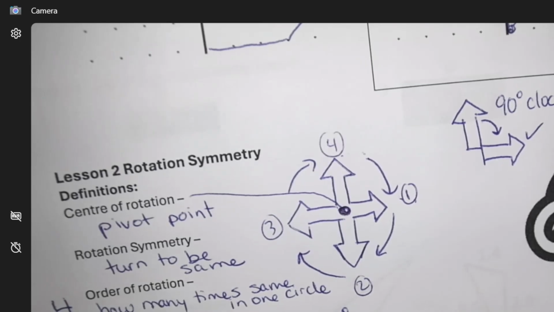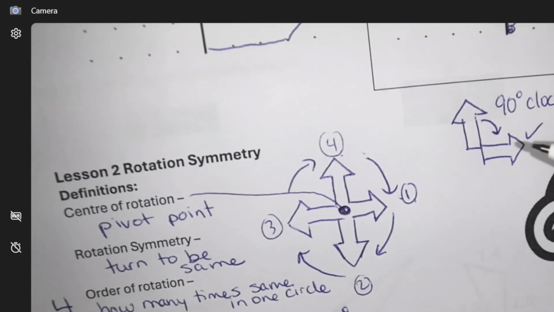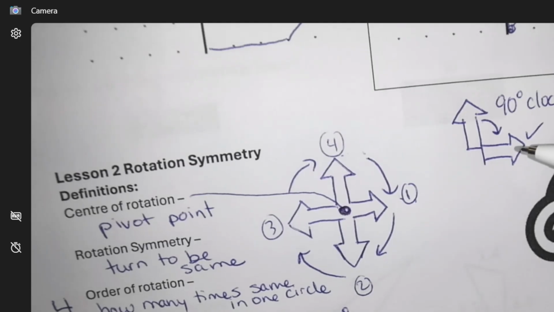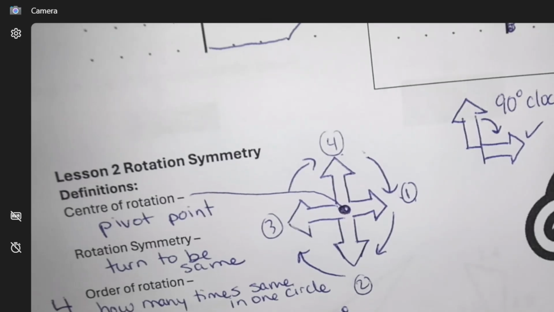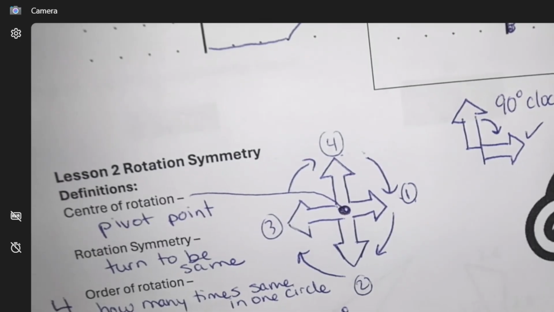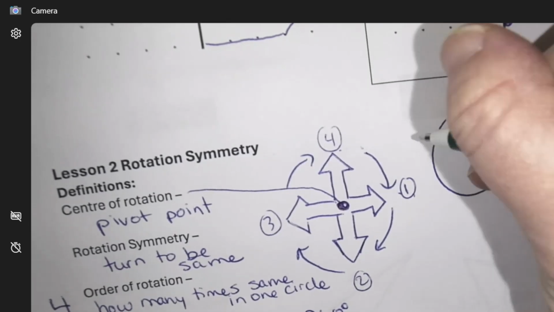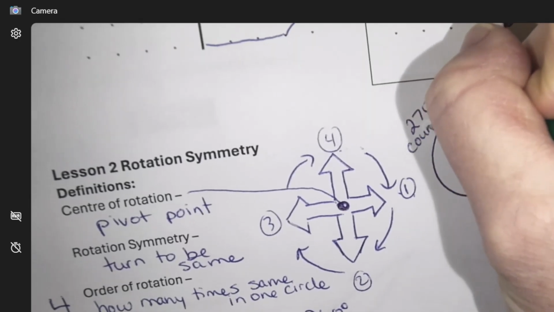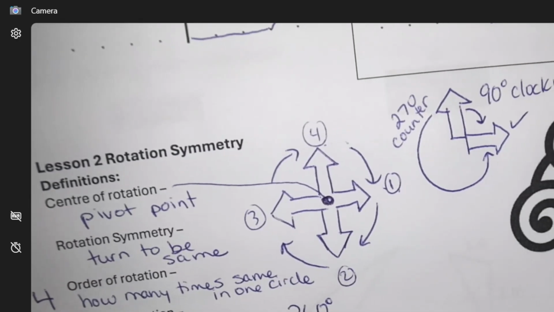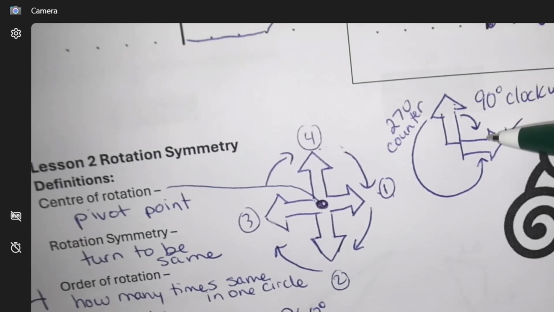So what does counterclockwise mean? Opposite. If I pivoted this thing clockwise, how much is that counterclockwise? 270. You could either go 90 degrees clockwise, which is also the same turn that you would do if you went 270 counterclockwise.